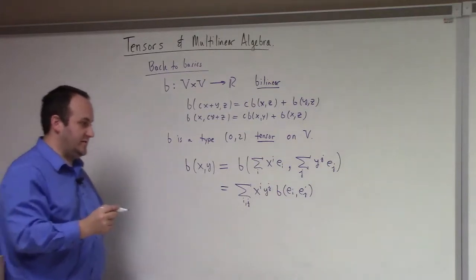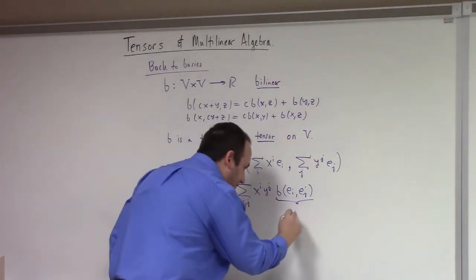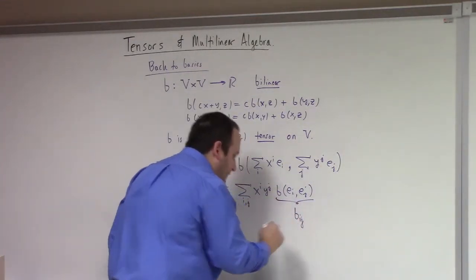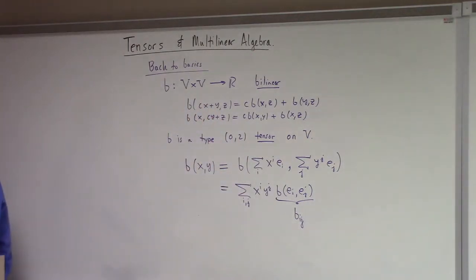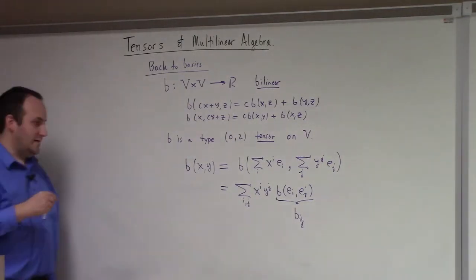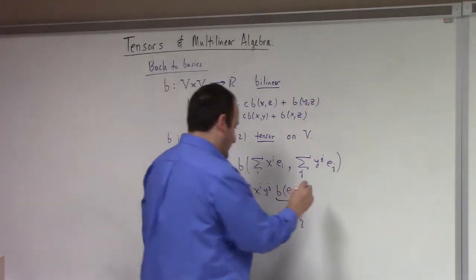And so the typical notation is that this is B_{ij}. These are the components of the tensor B with respect to the basis, let's say the beta basis we're working with today. Well, and we can do a little bit more than this.